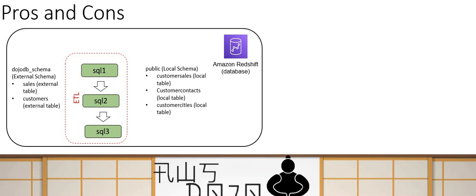But in this case, we are using SQL statements within Amazon Redshift to orchestrate these three SQL statements to populate three tables. So what are the pros and cons of that? So that you know what is good and what is not so good, and accordingly you can make use of this method depending on what your requirements are.